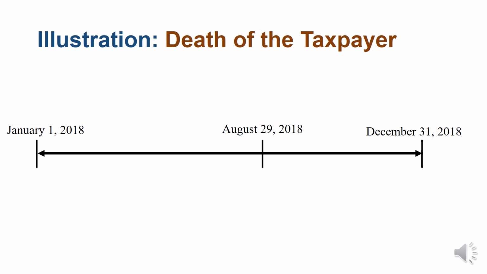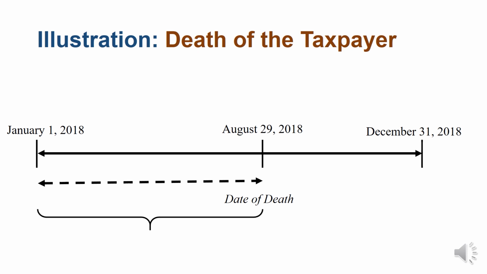Therefore, the incomes accrued or earned from January 1 to August 29, 2018 shall be covered under a separate return. Okay? So this is a separate final return. It's a final return because it's death of the taxpayer covering January 1 to August 29.